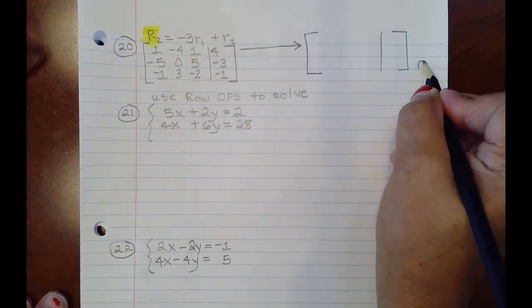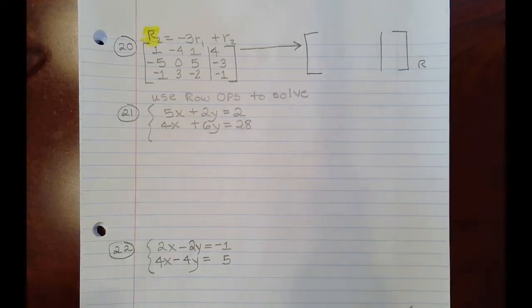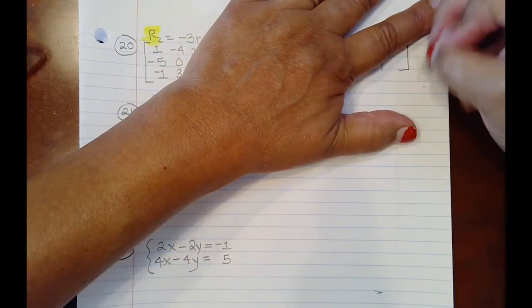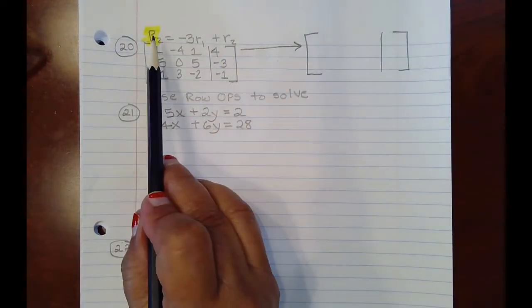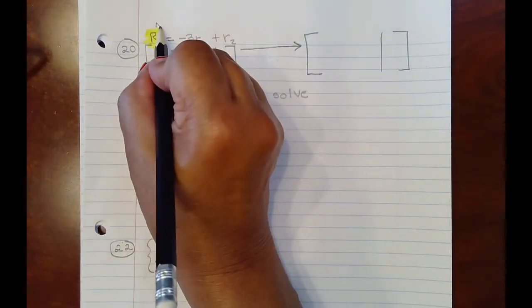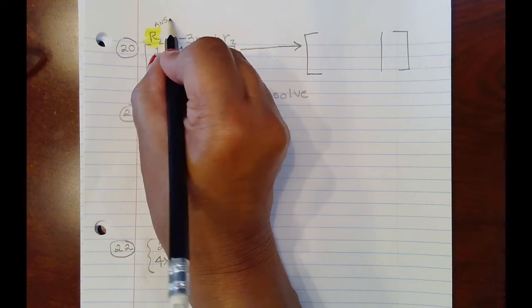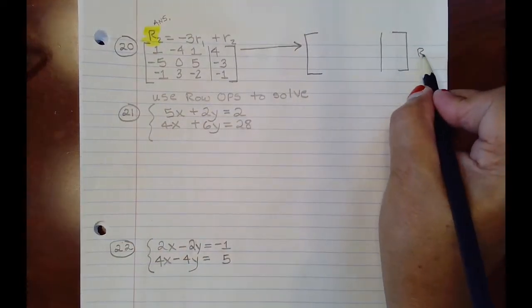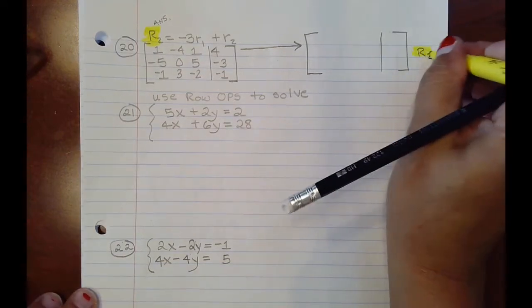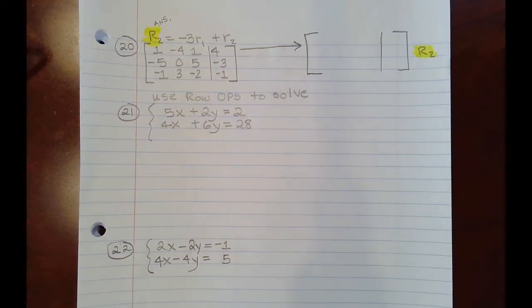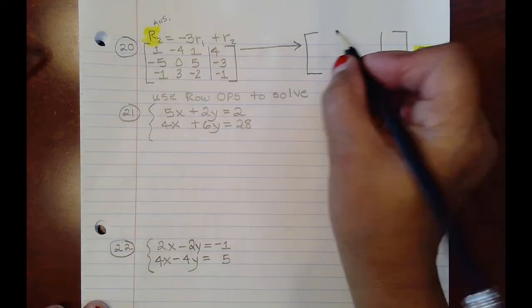I want to remember that I am only changing row 2. You're doing these operations, dumping the answers in row 2. So maybe I'll just go like this to remind myself once again that this is where the brand new numbers will go, yet all the other numbers are going to remain the same.